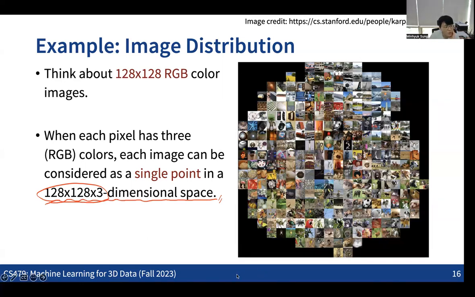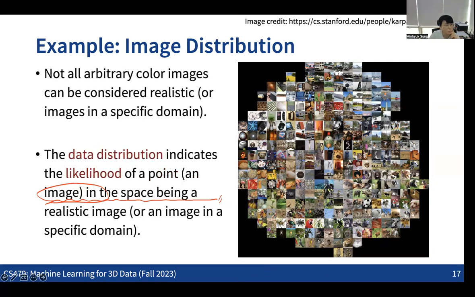We now want to learn a distribution over this high dimensional space, where we embed all the data, in a way that the distribution indicates how likely a point in the given space is to be one of the realistic data that we want to see. That is what we are going to do.